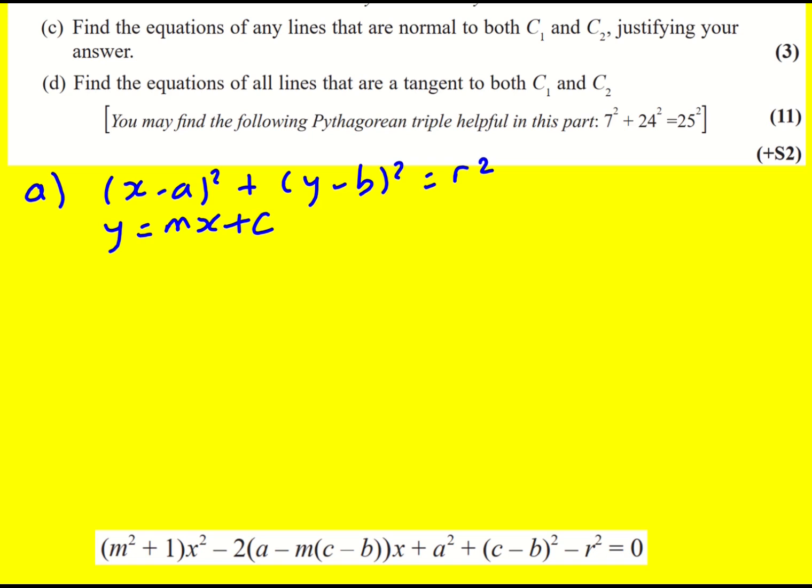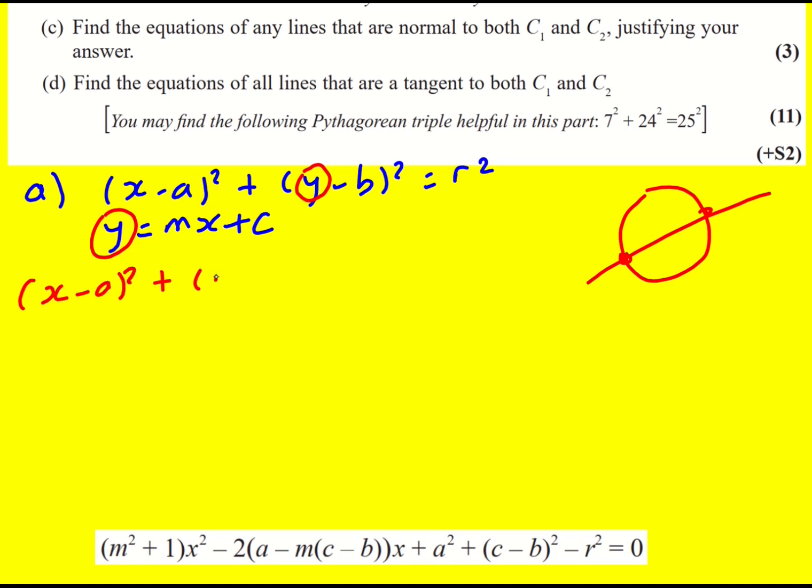Okay, so they intersect when the x values are the same on both curves and the y values are the same. So I can replace the y in the first equation by the y in the second equation, or mx + c. (x − a)² + (mx + c − b)² = r².